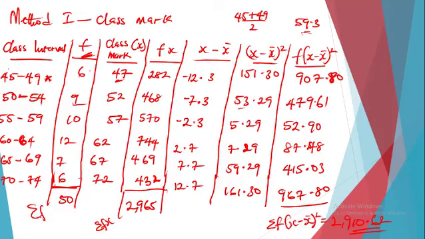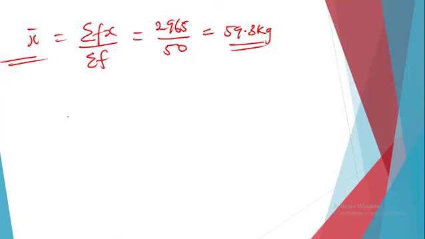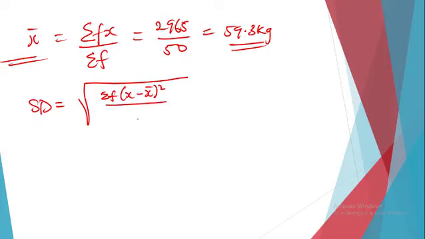Okay, and this is our sigma fx. This is our sigma f. Okay, we've got these values. So let us now apply the standard deviation. The formula of standard deviation is SD equal to square root of sigma f into x minus x bar squared all over sigma f.